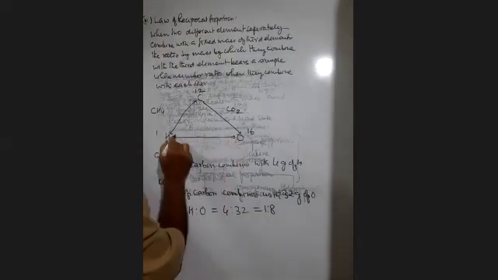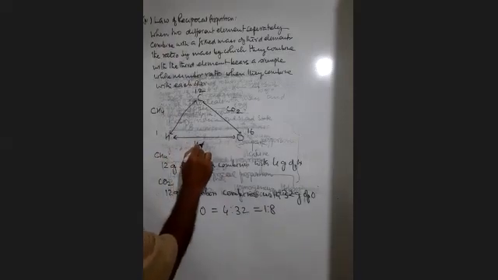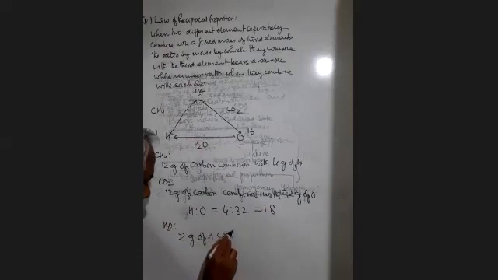Okay, now see. Hydrogen and oxygen also combine with each other to give us water. So let me write here H2O. So 2 gram of hydrogen combined with 16 gram of oxygen.